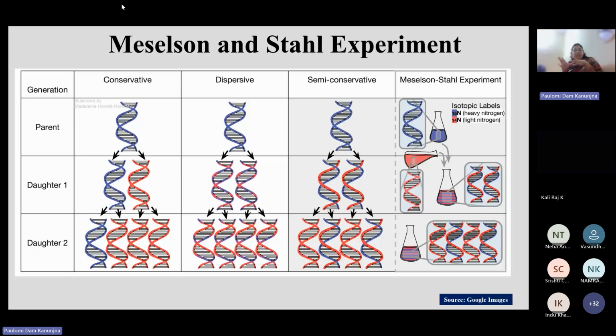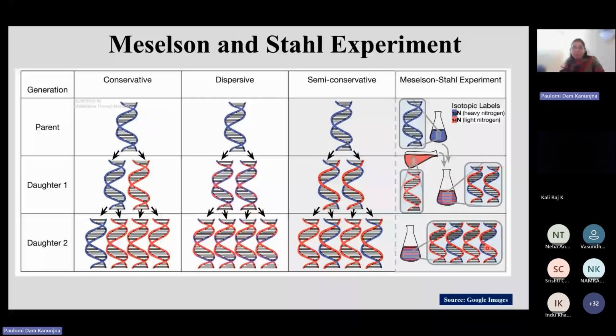So they observed an intermediate band, and they knew that something was not following conservative mode. But it became clearer in the next generation, where they had two bands, one with N14, N14, and one with intermediate N15, N14. So they also knew this was not dispersive, right? So based on the way the banding happened, they got to know that it was semi-conservative in nature.